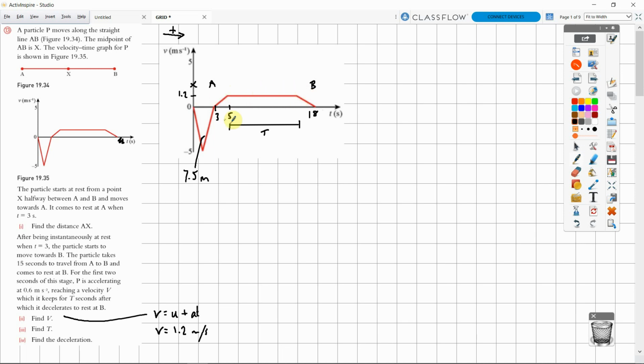And we know that this area is the same thing as the distance, and it's equal to the area of a trapezium. So I would suggest to you that it's possible to substitute certain things into here.